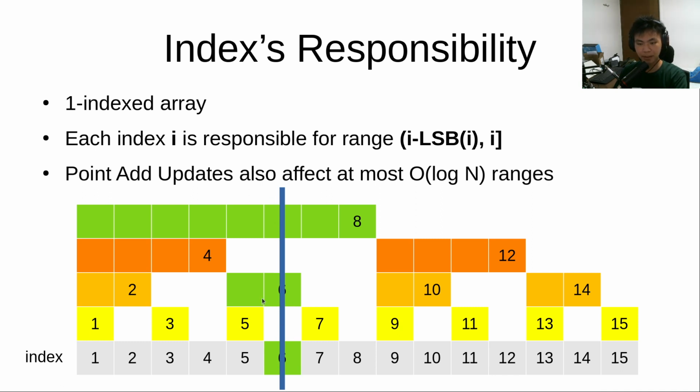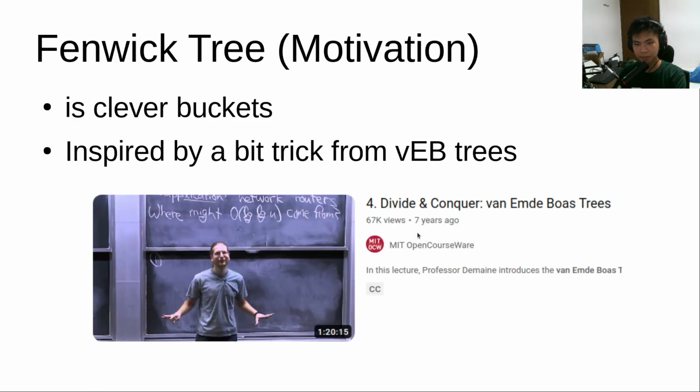In this case, it intersects 2 ranges: from 5 to 6 and from 1 to 8. We can compute this by using the least significant bit as well. Actually, we just add it. In the worst case scenario, an update also costs log n ranges to be updated. For example, if we update index 1 over here, it hits all these 4 ranges.